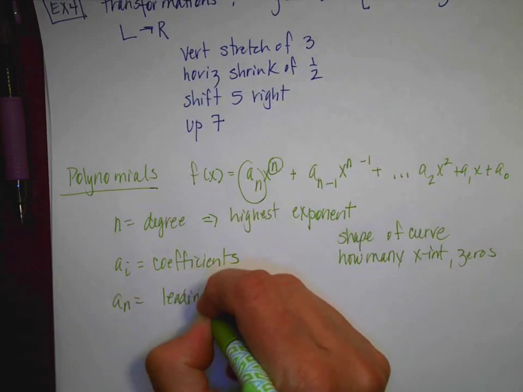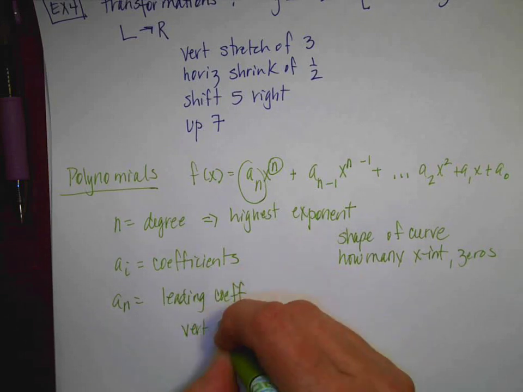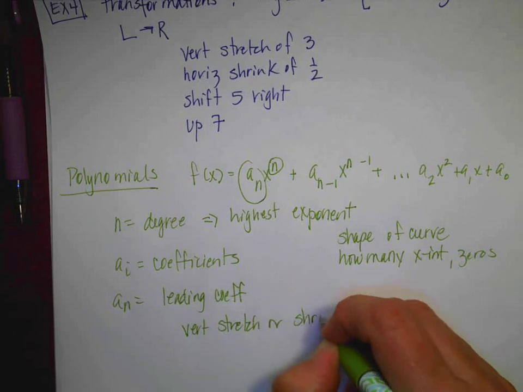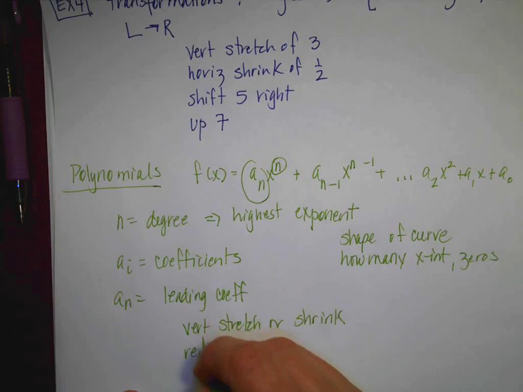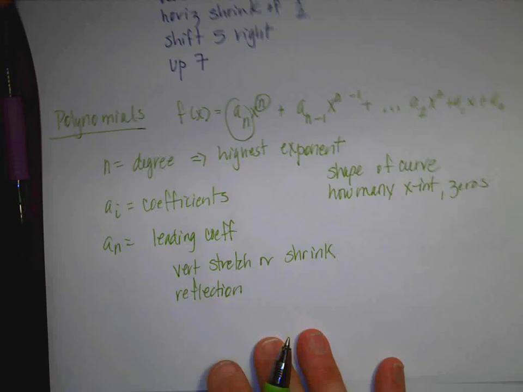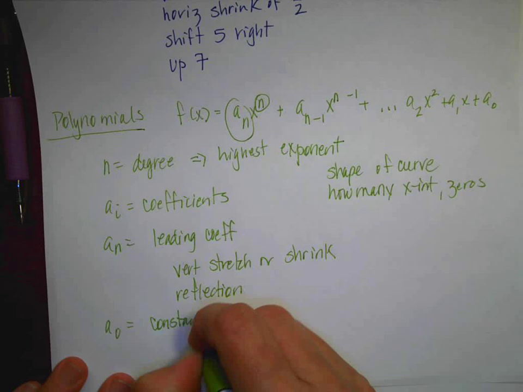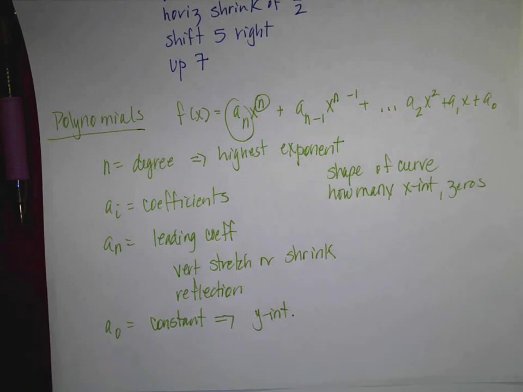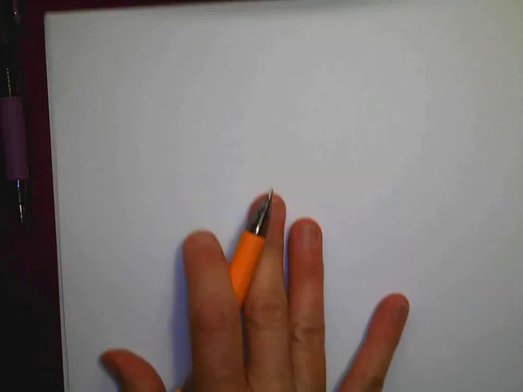The very first coefficient, a sub n, is called the leading coefficient, and that's going to be your vertical stretch or shrink. And then it's also going to be your reflection, if there is one, okay? And then a sub 0 is the constant, and that is going to be your y-intercept.